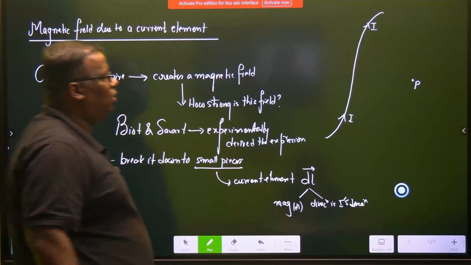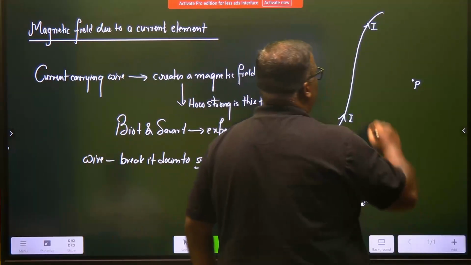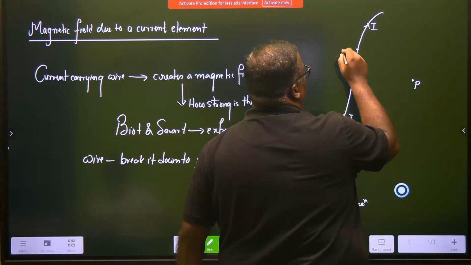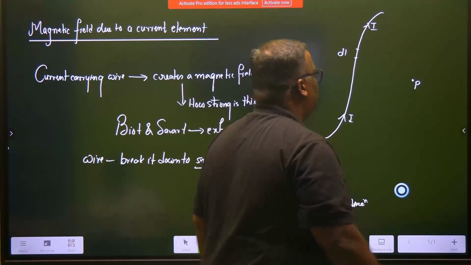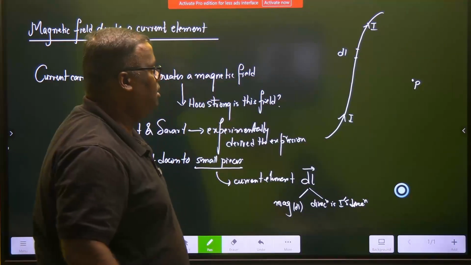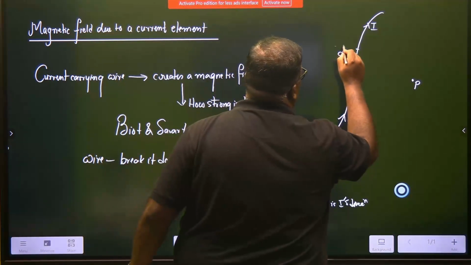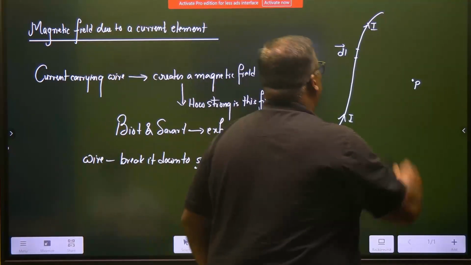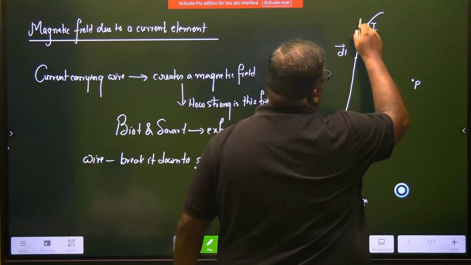So let's take a small current element out here. Let's say from here to here we have a current element, and this current element is dl vector. And how do you find out the direction of this current element?